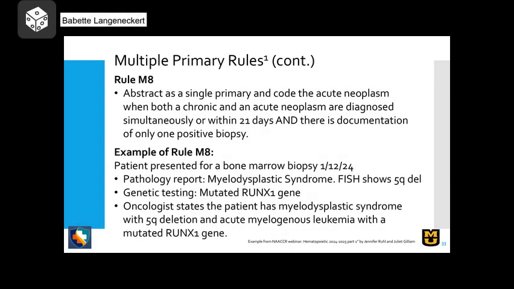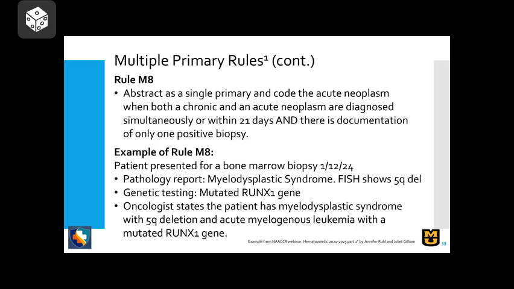Rule M8. Abstract as a single primary and code the acute neoplasm when both a chronic and an acute neoplasm are diagnosed simultaneously or within 21 days, and there is documentation of only one positive biopsy. Example of Rule M8. Patient presented for a bone marrow biopsy on January 12, 2024.